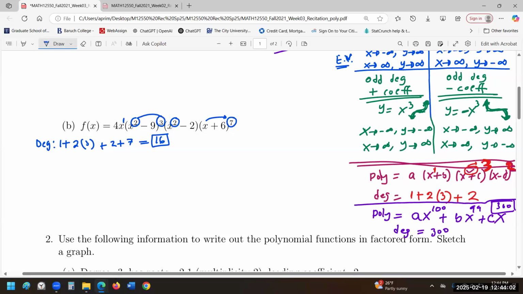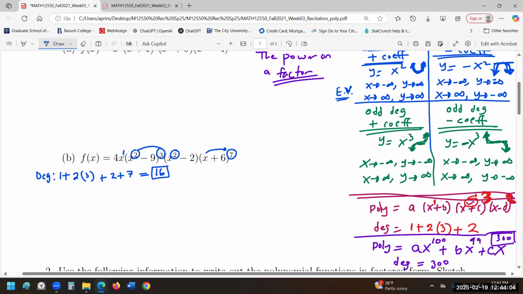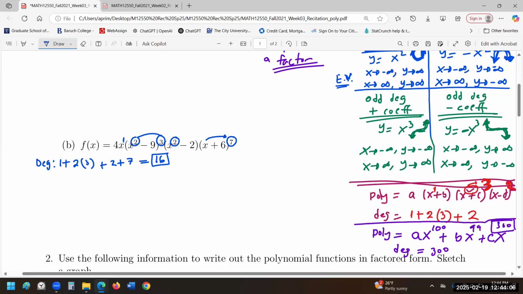Then we are looking for end behavior. We have degree 16, which is an even degree, and we look at our leading coefficient. It's positive. So even degree with positive coefficient is the same as this scenario.